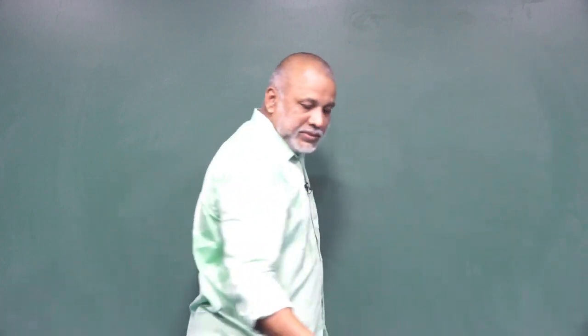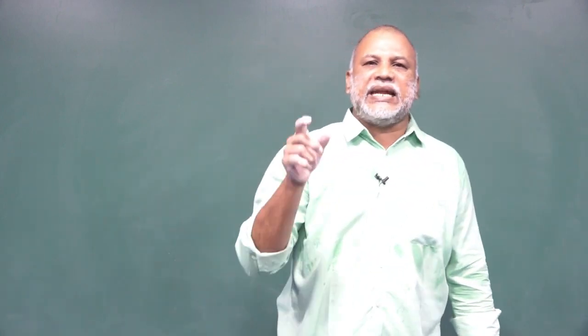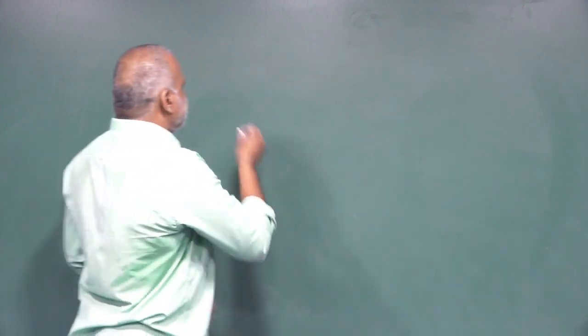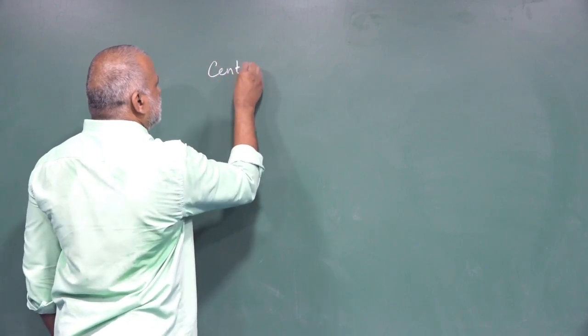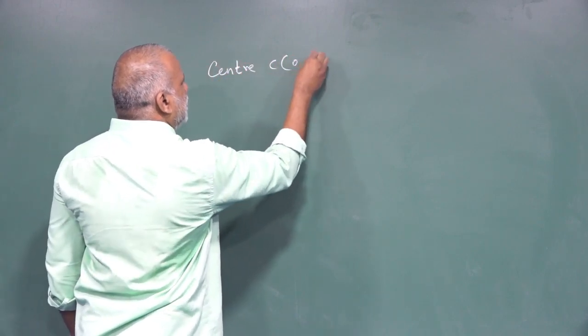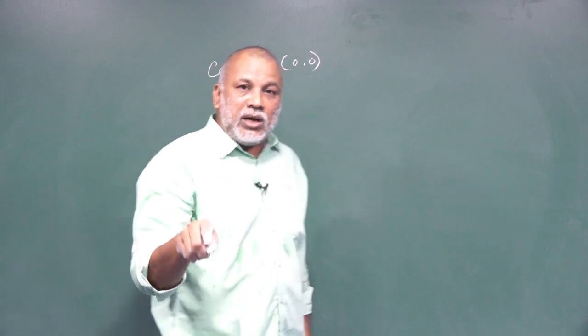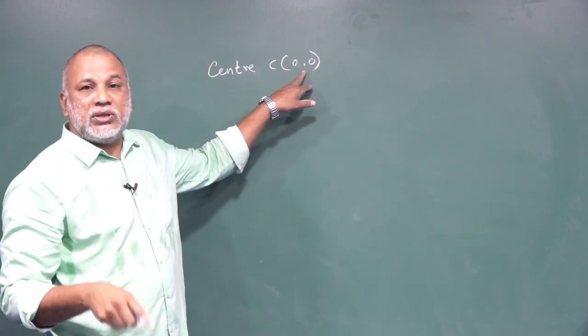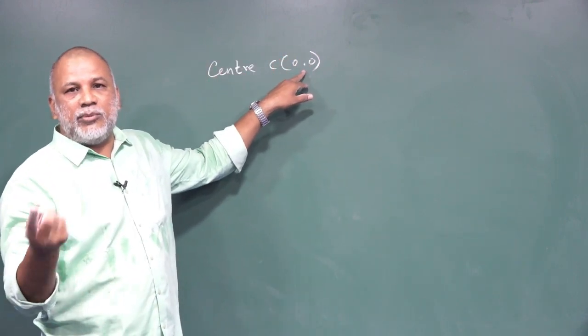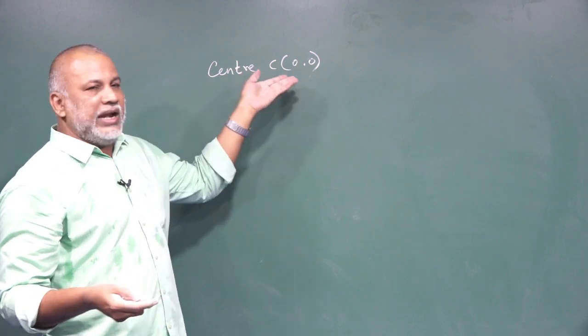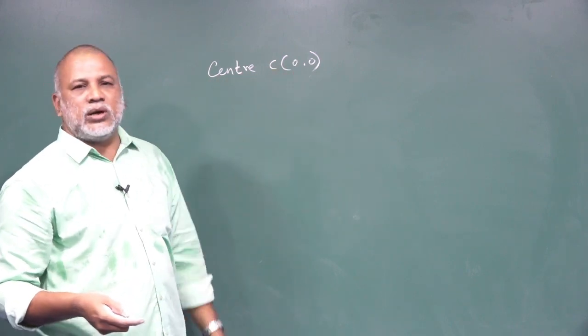Just now I explained C is called center. Center is C(0, 0). In the parabola, what is the name of (0, 0)? That is called vertex. In parabola, it is called vertex. In ellipse, center is C(0, 0).